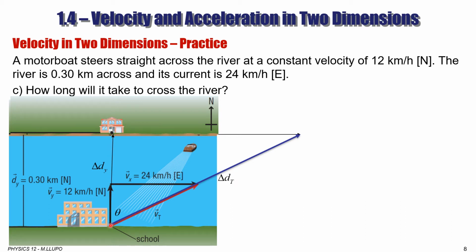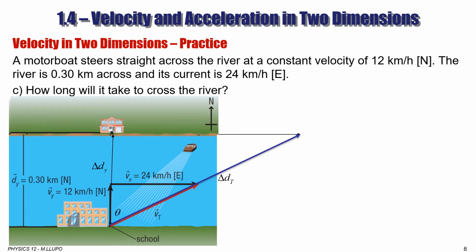However, when there's a current, the boat is going to move in the direction of the final velocity, and it is going to end up somewhere here. So how long will it take for the boat to come from this side to this side? It's crossing the river, but at an angle. It's not straight up as before. Let's see if that makes any difference at all.